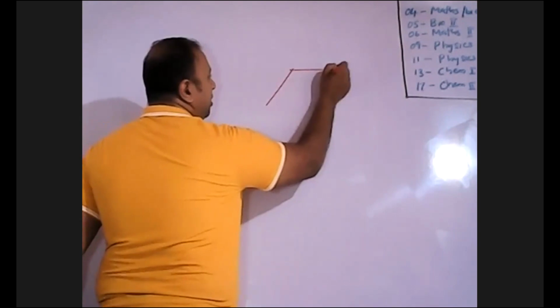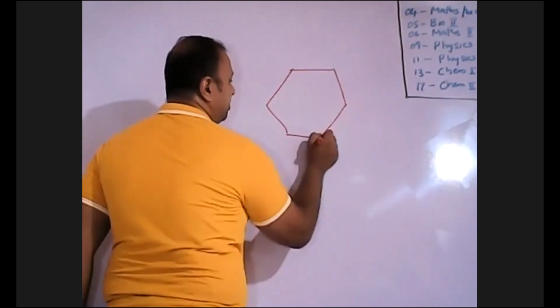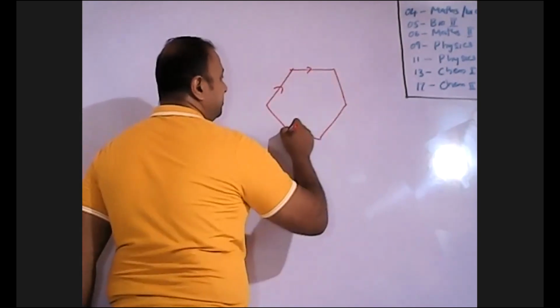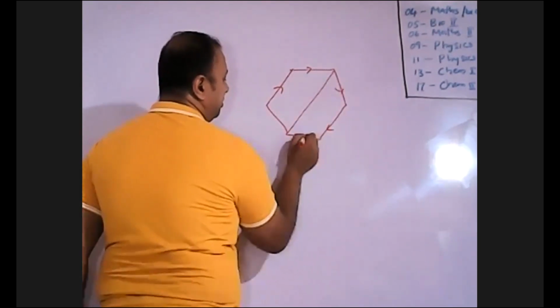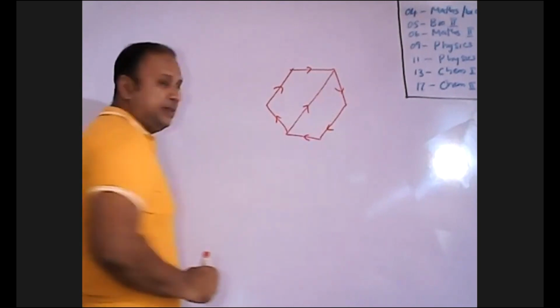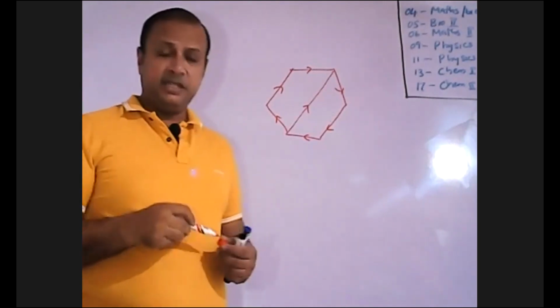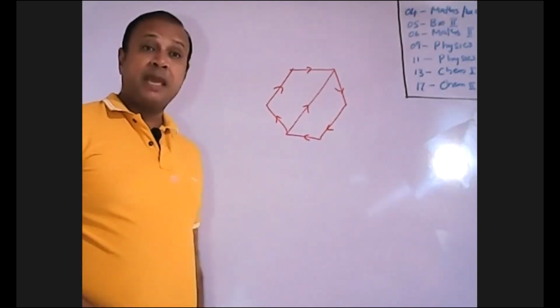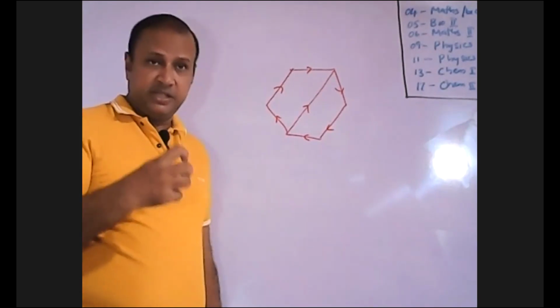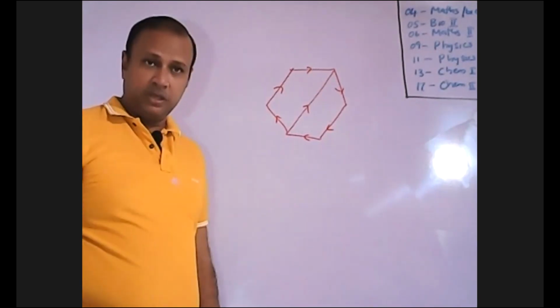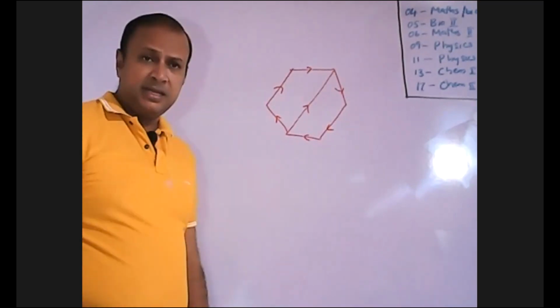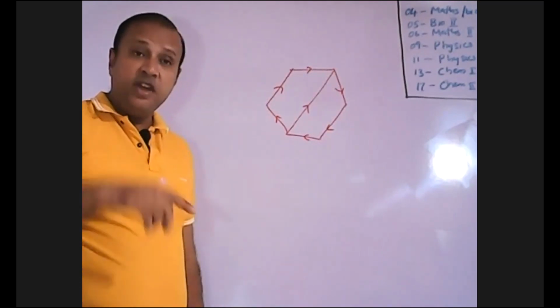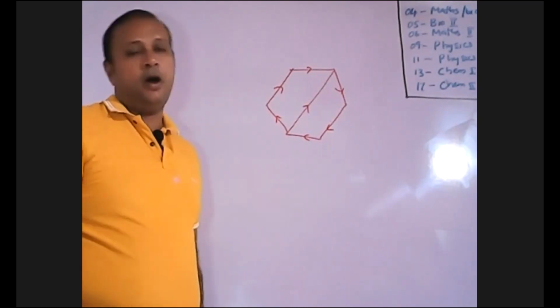Suppose we are given this kind of vector system. As I told you earlier, the first thing you have to consider in this kind of question is whether there is a closed polygon or not.